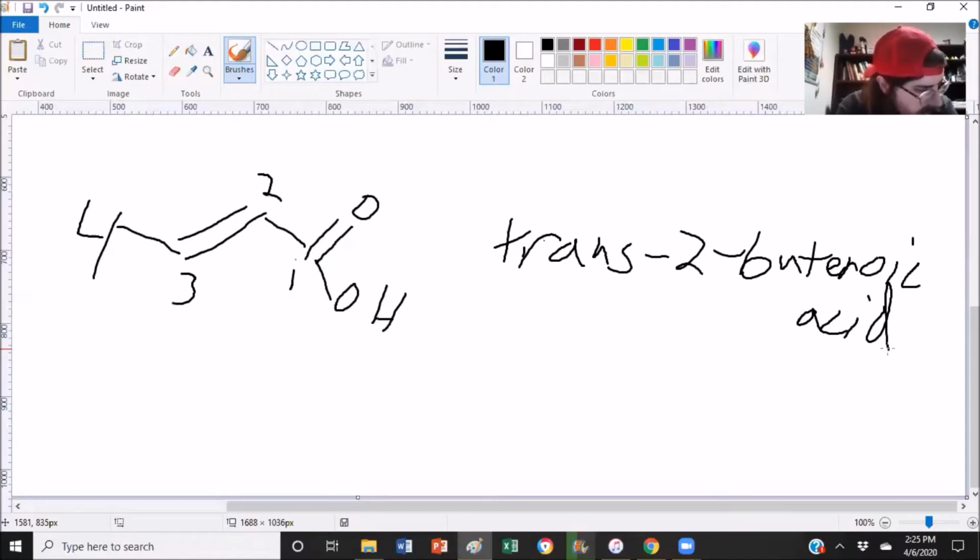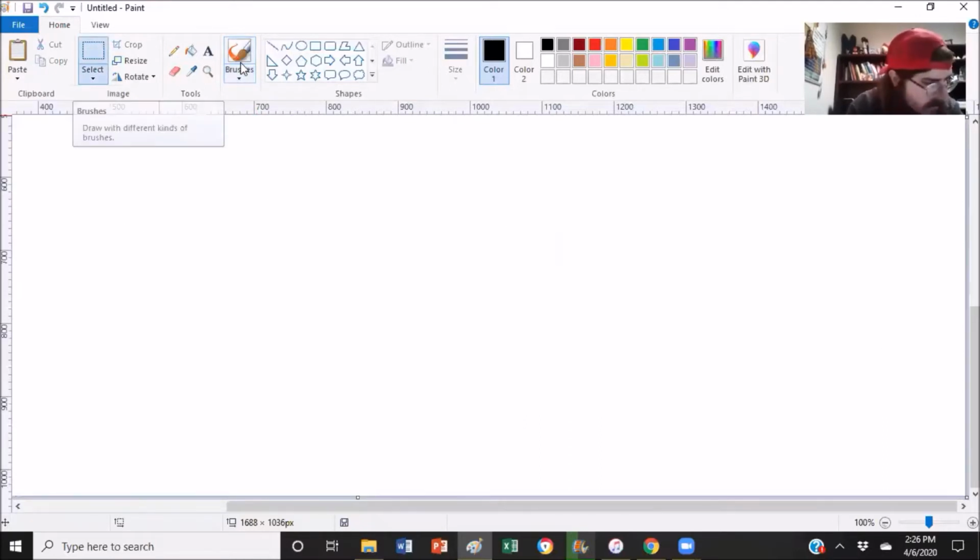Now we can also have a dicarboxylic acid if we have more than one. Some of these have really interesting common names, and they're used so often that the common name takes precedence over the IUPAC names, so they actually have a little naming scheme for this.